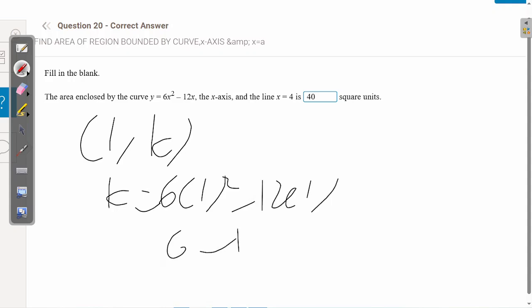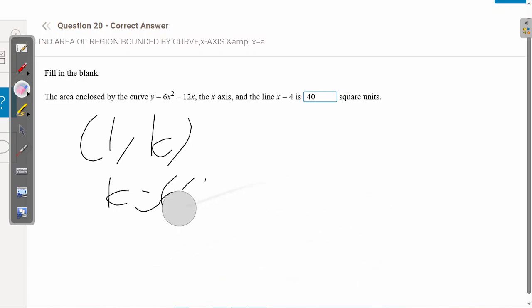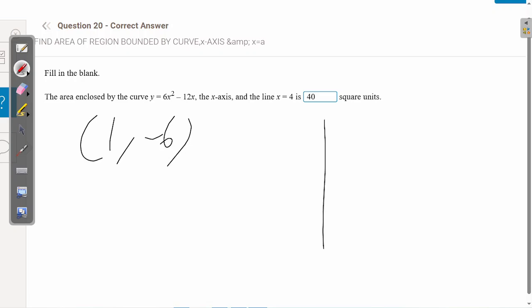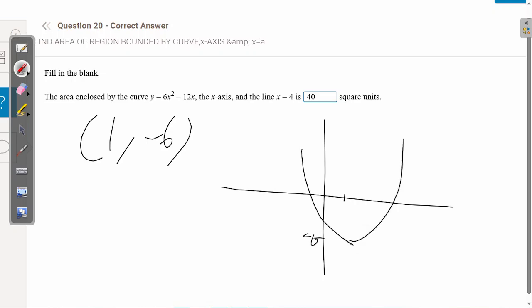So 6 minus 12 equals negative 6. So the vertex is 1, negative 6. Let's graph that. 1, negative 6. So it will be like this.